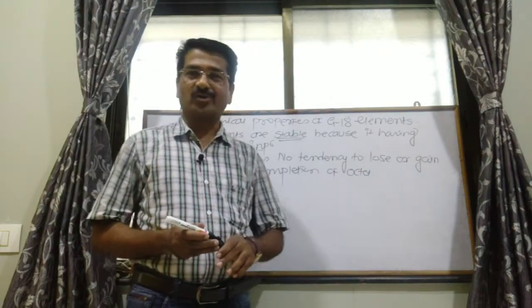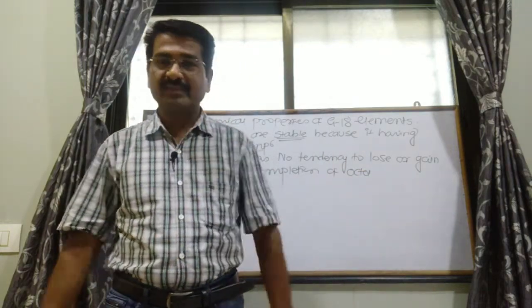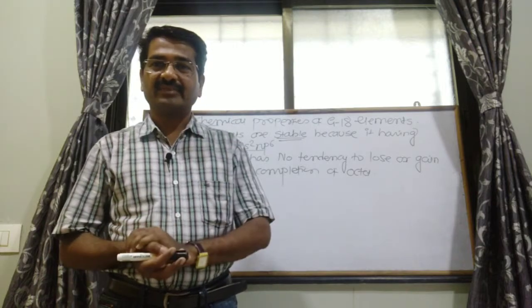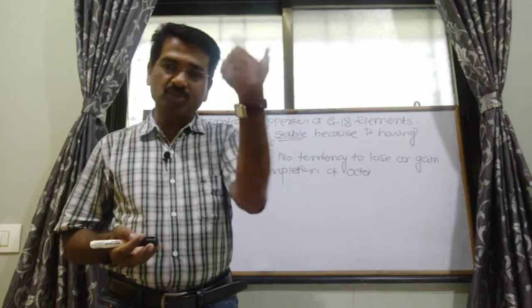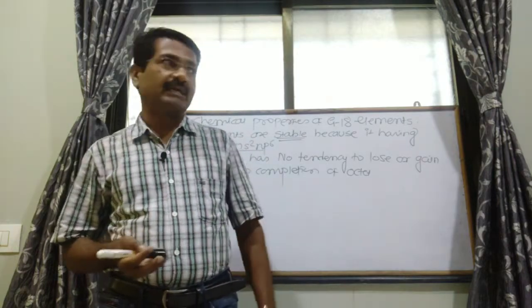The last shell, or outermost shell, containing 8 electrons completes their octet. Hence, it has no tendency to gain or lose electrons to get stability.